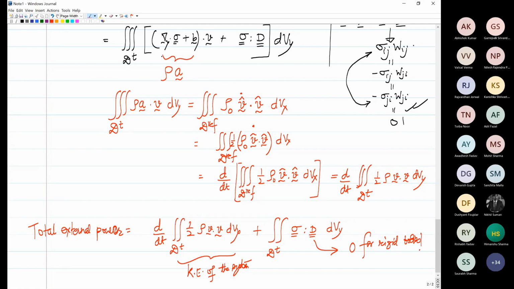But if it is deformable, then D is not 0. And this thing is also called stress power. Okay, stress power. This is the power due to internal stress.